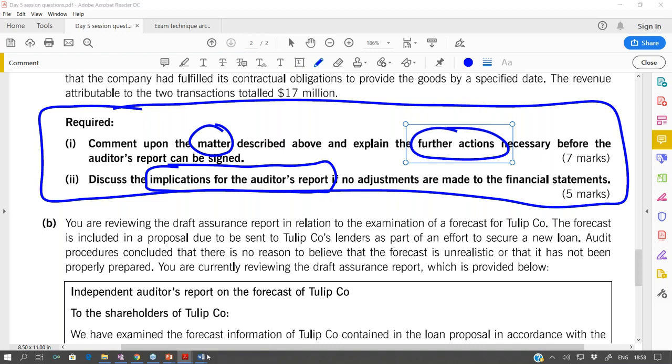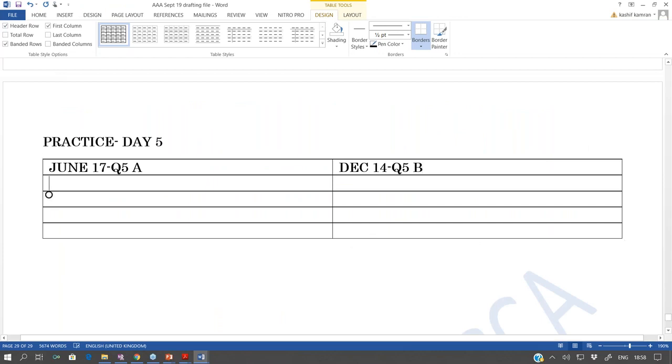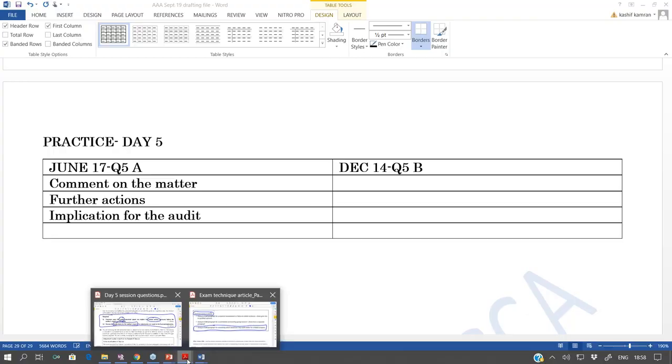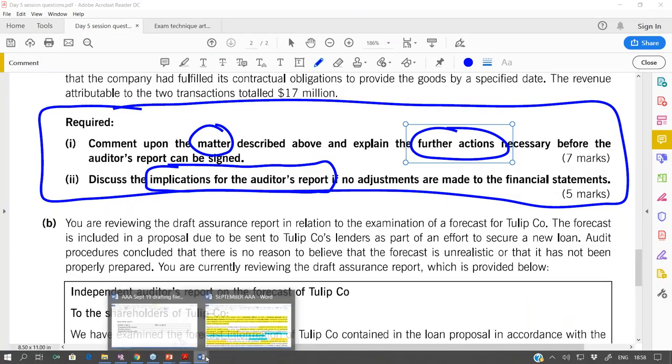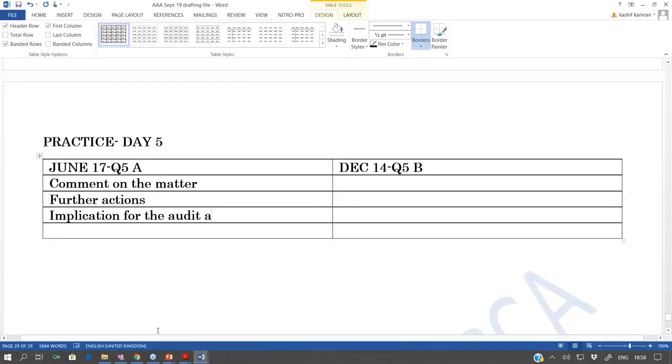Let me take that to my Word file. Number 1 requirement, comment on the matter. Number 2, further actions. And number 3, implication for the audit report.